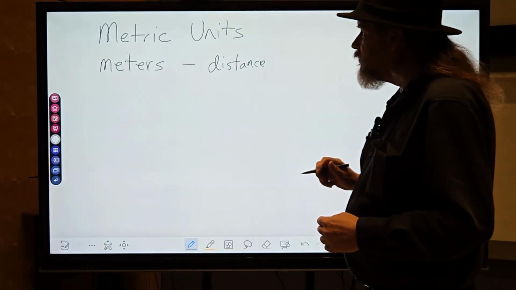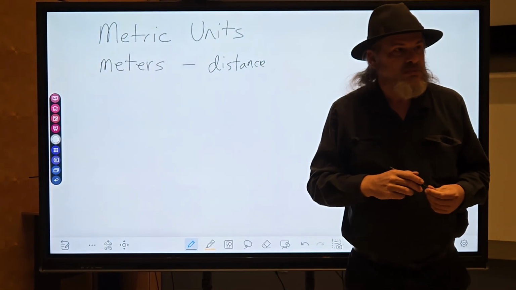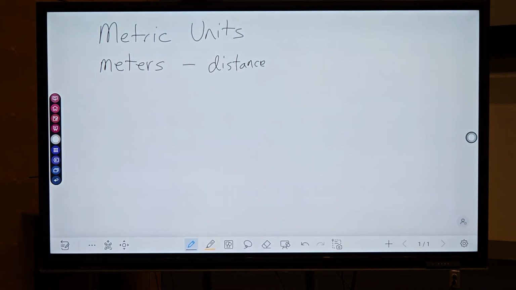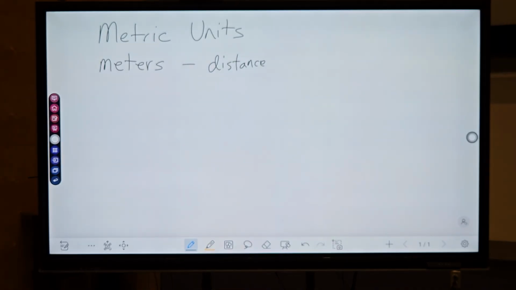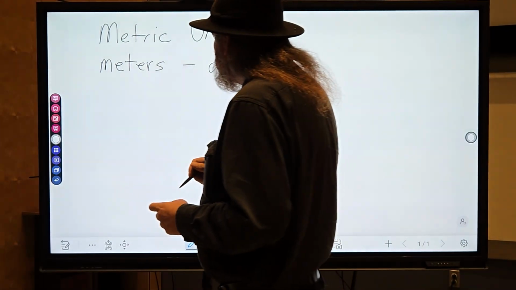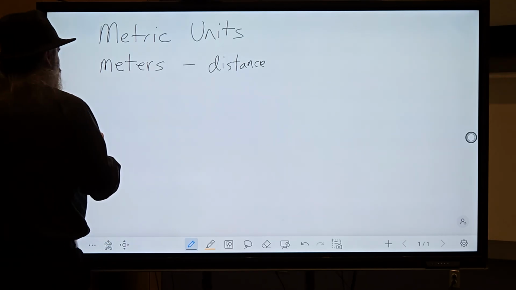But a meter is about 1.1 yards, or what is that, 39 inches-ish, for those of you used to the American way of measuring things.